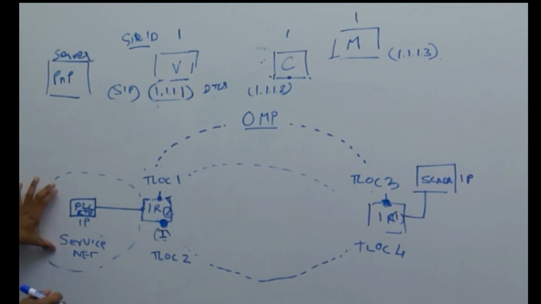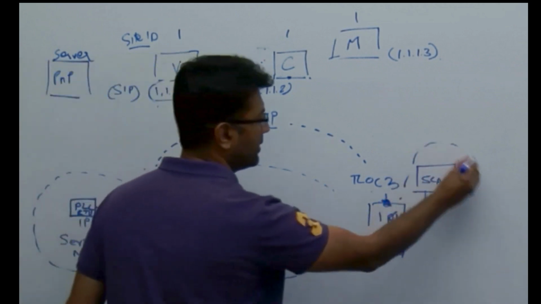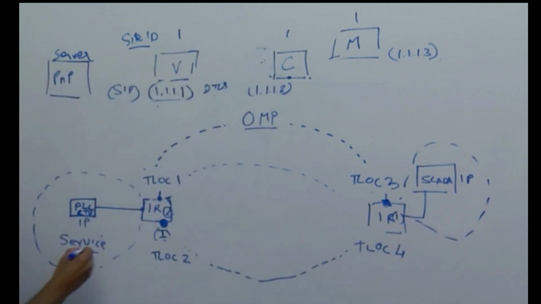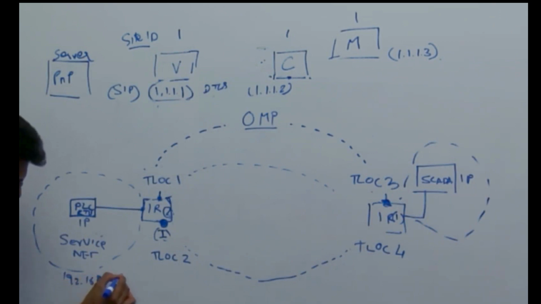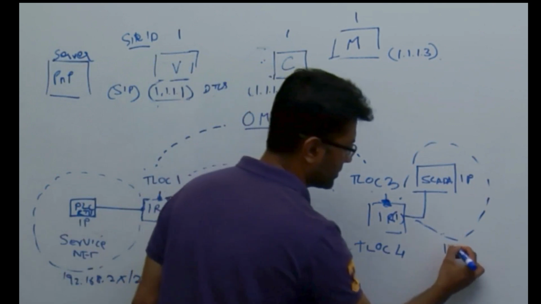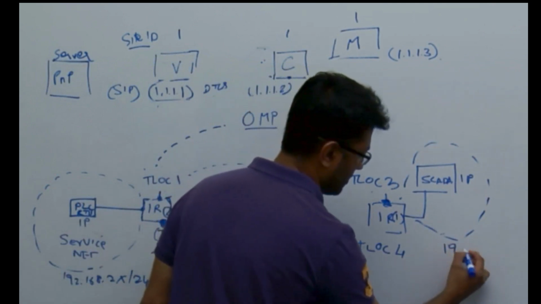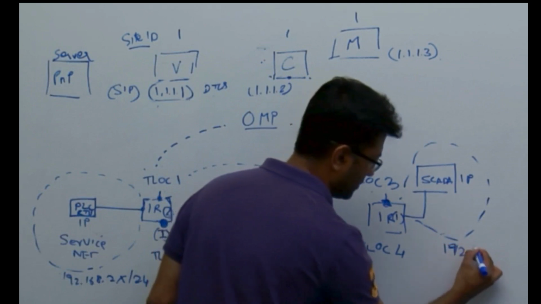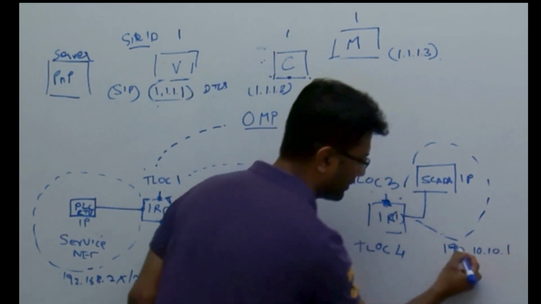So let's go back to our PLC or control network here. Our service network here is sitting here not having reachability to the SCADA IP. So our service network, let's call it 192.168.2.x, right? How do we advertise this network to the IR? And let's call this 172.110.10.1, right?